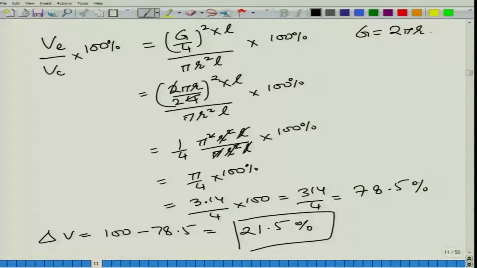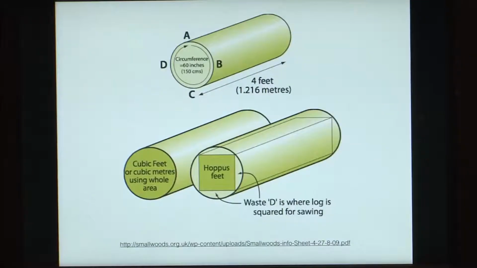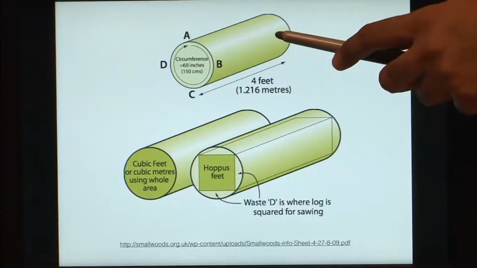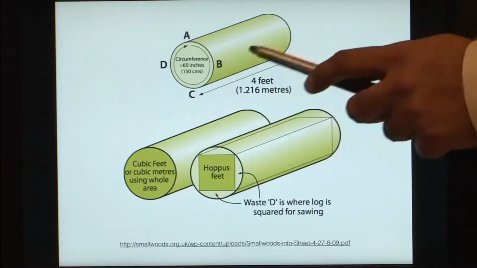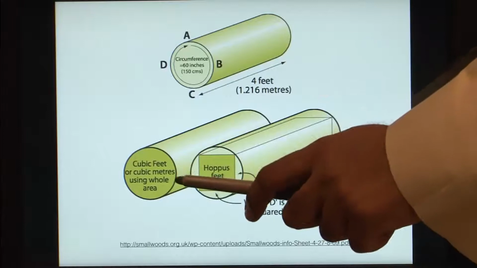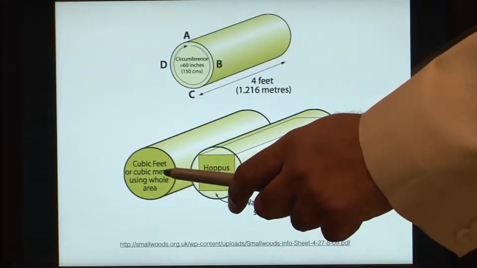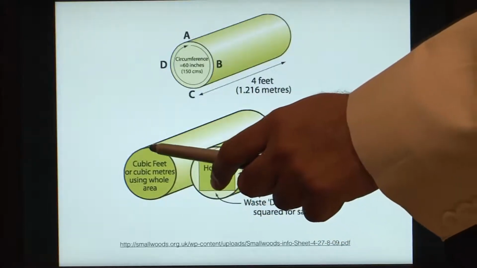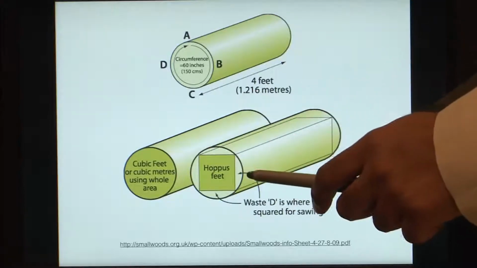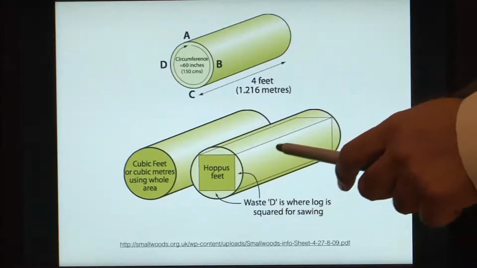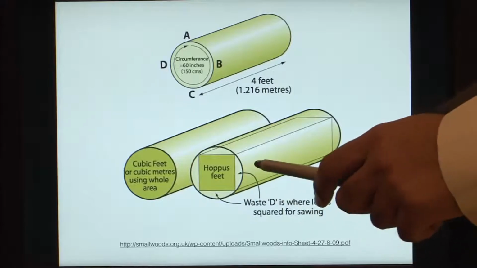So, let us go to the slides now. Here you have a log that is in the shape of a cylinder. This is the volume that we get if we measure the complete solid, and this much is the volume that we are getting out of the quarter girth formula.